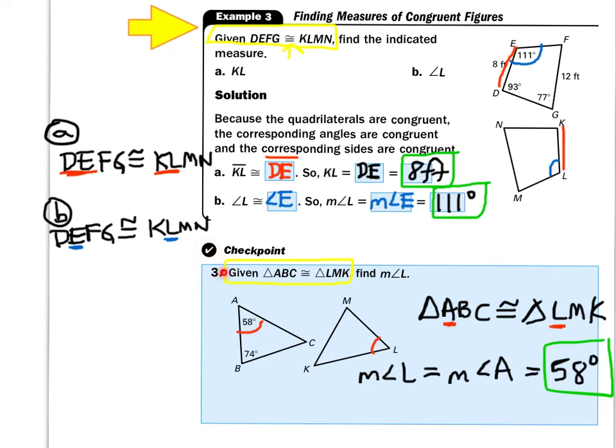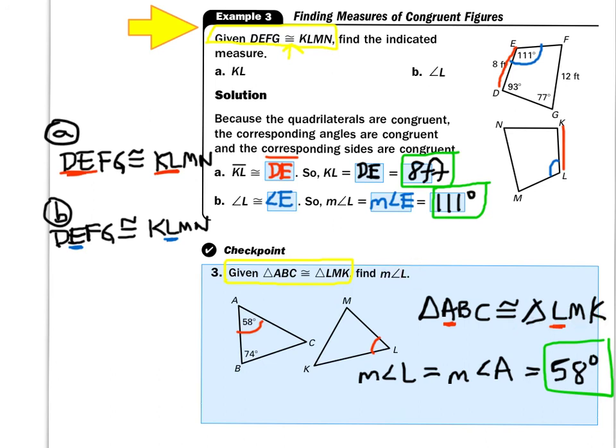Okay, take a look at checkpoint number 3. Given triangle ABC is congruent to, so exactly the same as, triangle LMK, find the measure of angle L. So I wrote the congruent statement. Triangle ABC is congruent to triangle LMK.